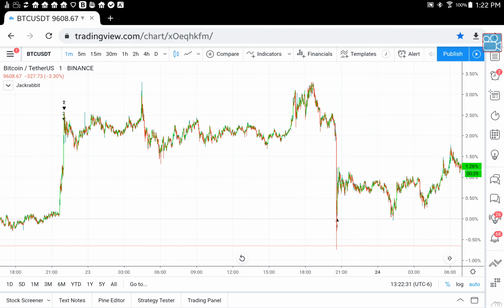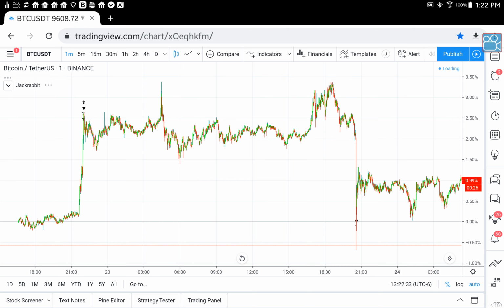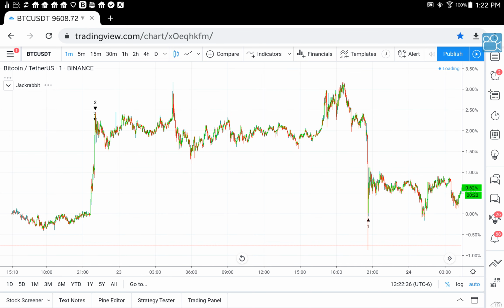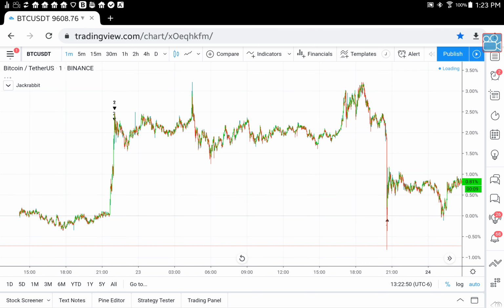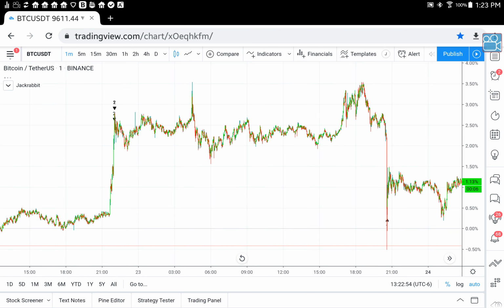A little bit of a sideways market. Okay, it's dragging here. Mathematics is definitely overworking the system right now. But you definitely get the idea of just how powerful this can be.